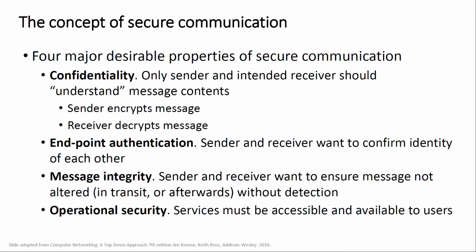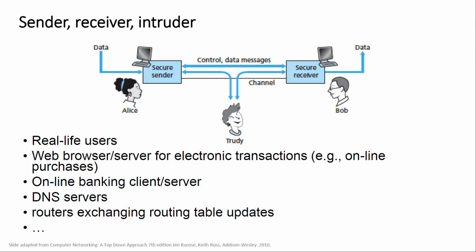We already talked about hash functions, so message integrity can be done by hash functions or also by authenticated encryption. Operational security means services must be accessible and available to users. This one is not directly related to cryptography because here we have to provide security against denial of service attacks.